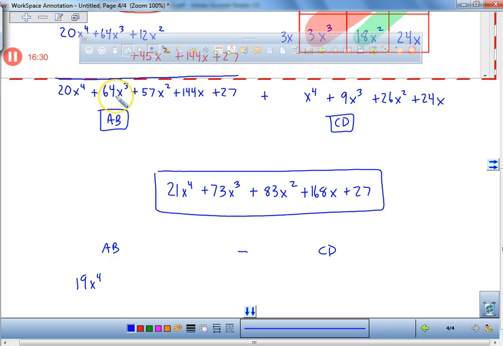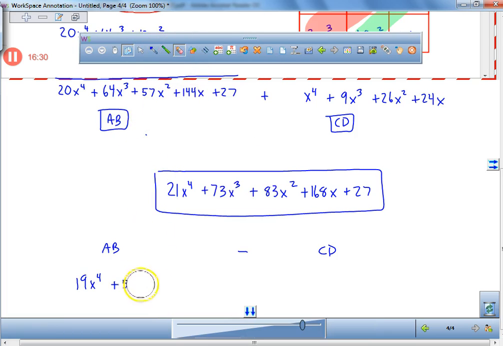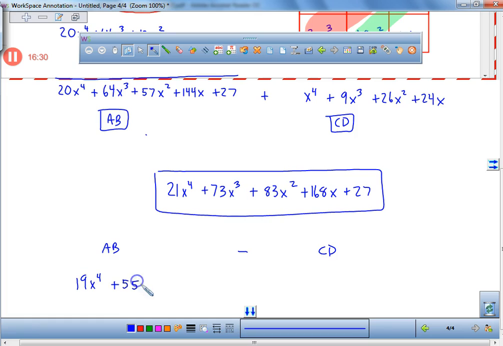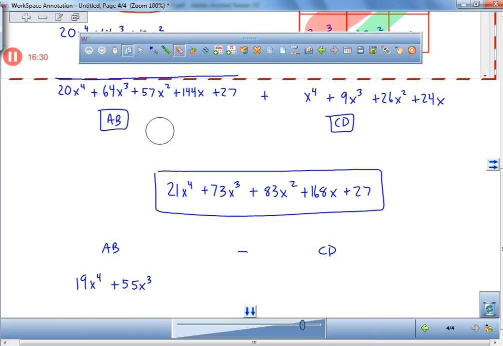Well, what is 64? Help me out, guys. 64 minus 9. 55. All right. I'm asking my students for help, and they're not really helping me right now. And they literally all have calculators right next to them.